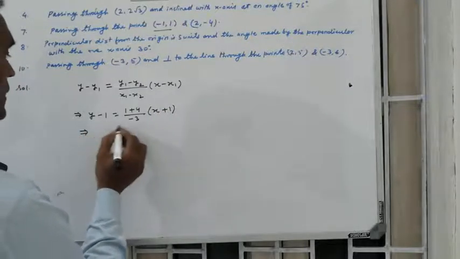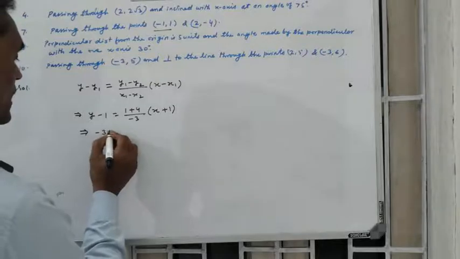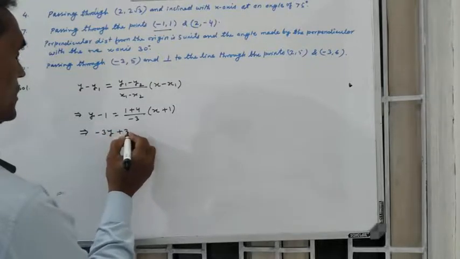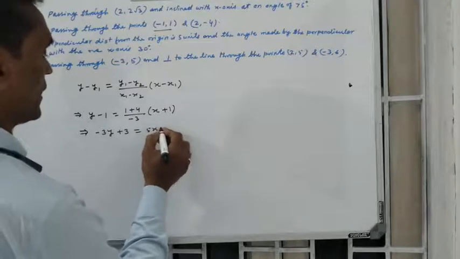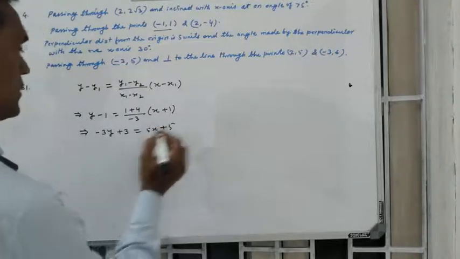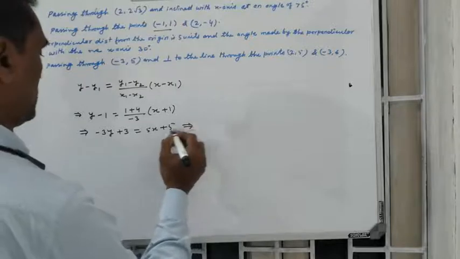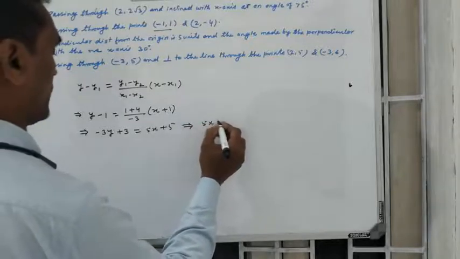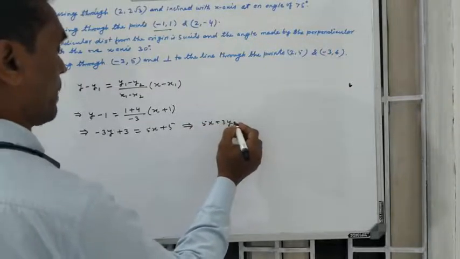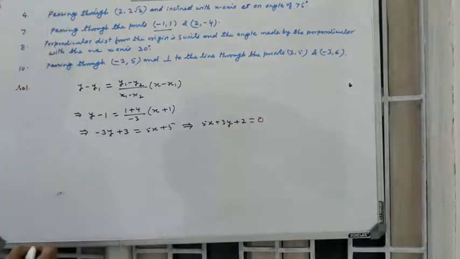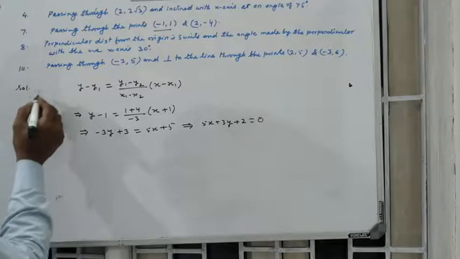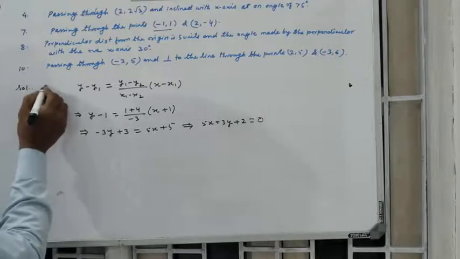Multiply this, here it will be minus 3y and then plus 3 is equal to 5x and plus 5. So 5x plus 3y and plus 2 is equal to 0. So this is the solution for question number 7.